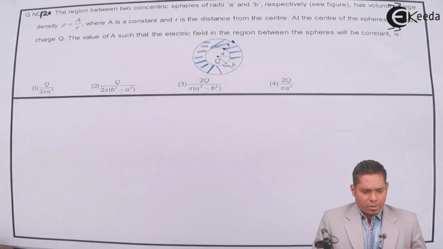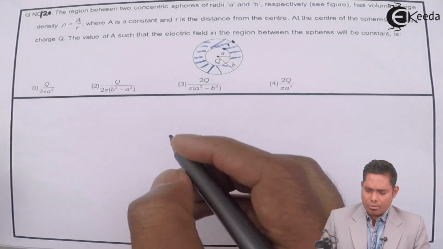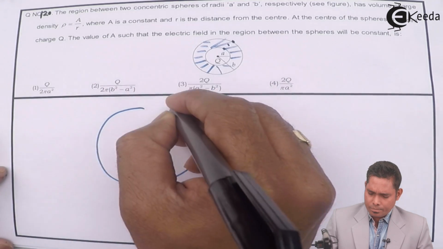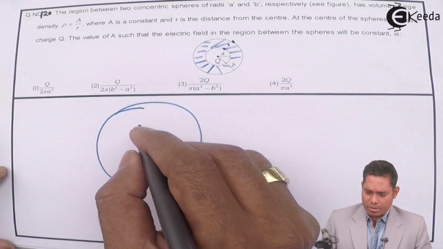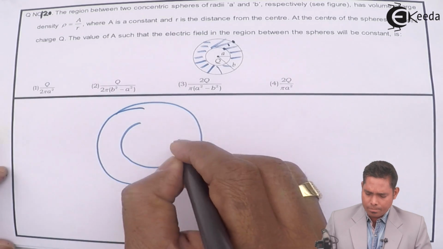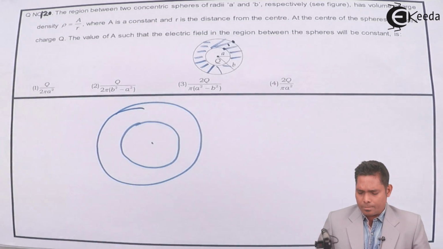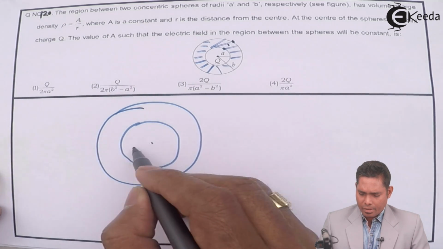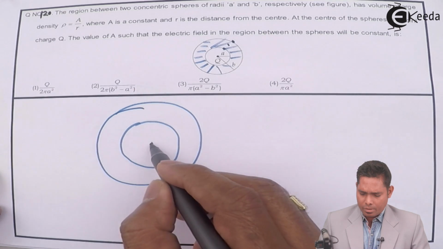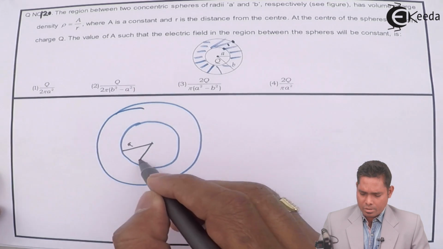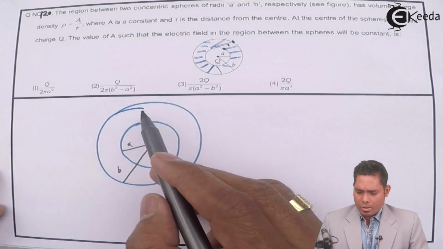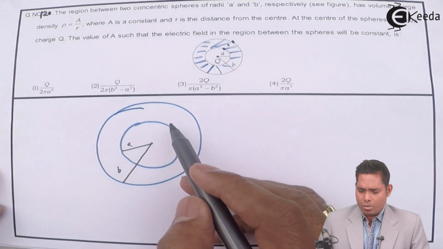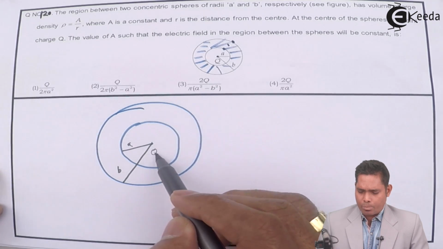Now to start with, first of all, we'll consider a concentric sphere. I will consider one more sphere here. So basically this is having radius A, and this is having radius B. This is the small sphere of radius A, this is B. Here this portion is only filled with charges, and at the center there is one more charge, a point charge Q, kept here.